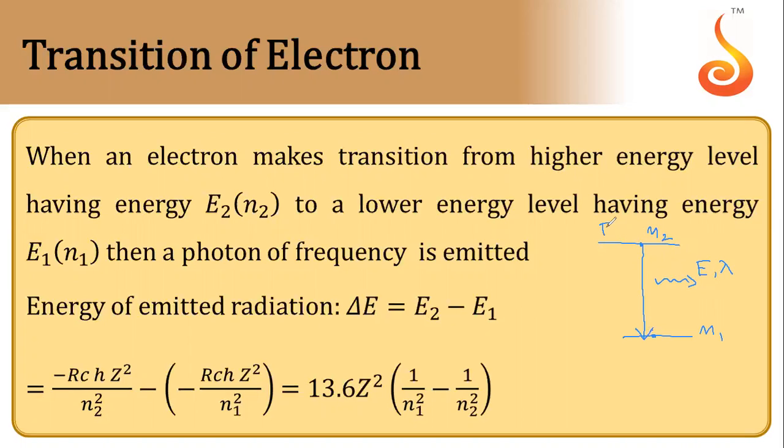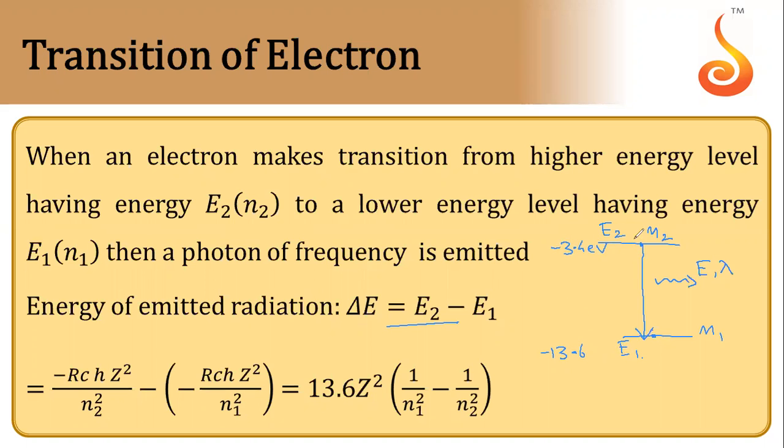Let's say the energy here is E2 and here the energy is E1. So the energy of emitted radiation will be the difference between these two energies, that is E2 minus E1. For example, for the first orbit of hydrogen, the energy is minus 13.6 electron volt, and for the second orbit, it is minus 3.4 electron volt.